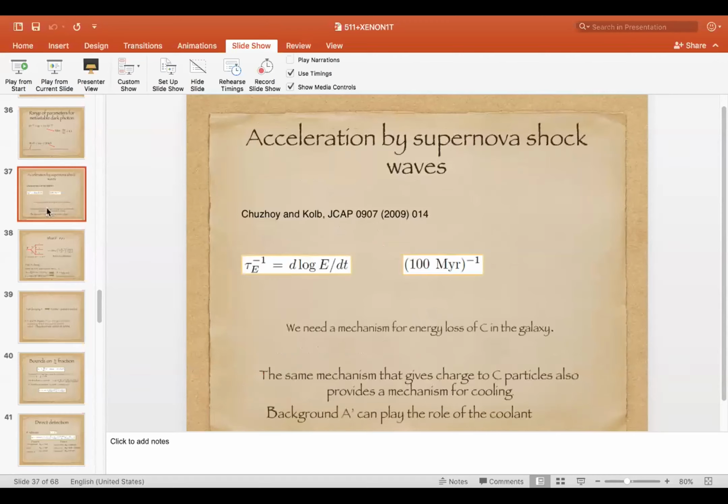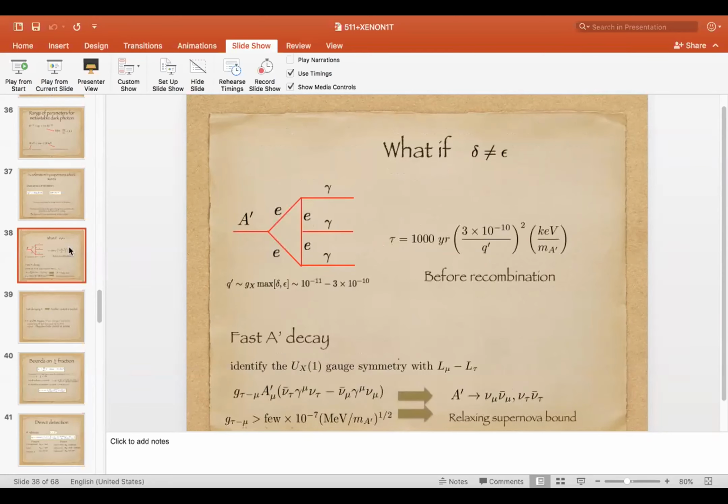There is another problem. I emphasize that when the C particles are produced, they are relativistic, but thanks to their tiny electric charge, the magnetic field in the galaxy will keep them inside the galactic disk.